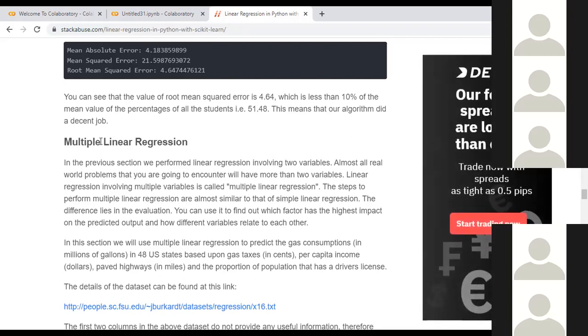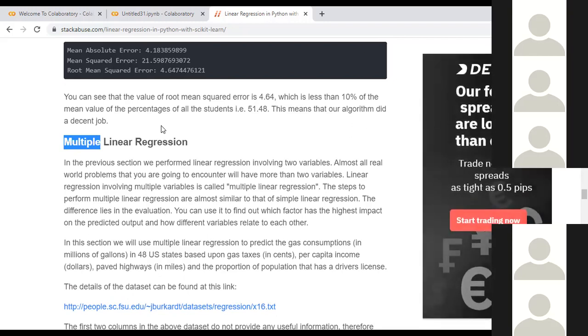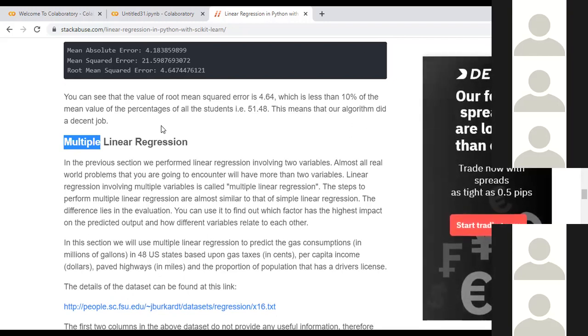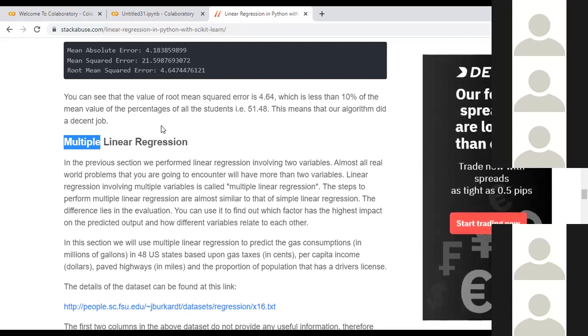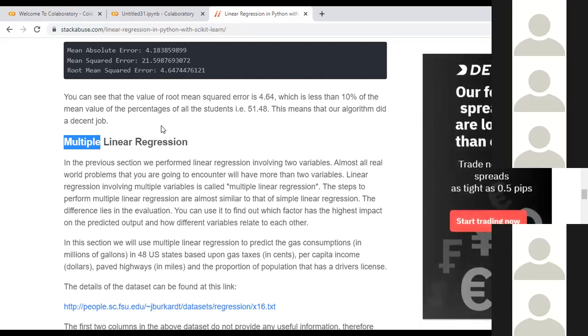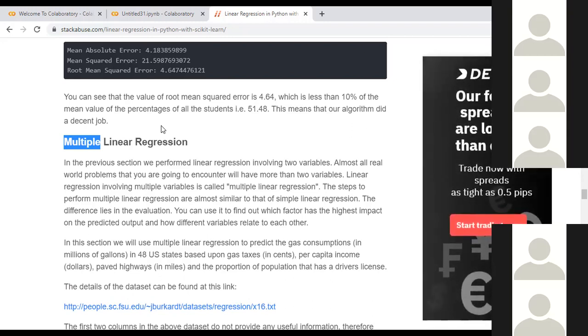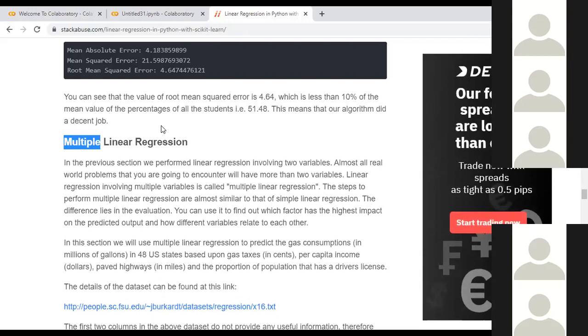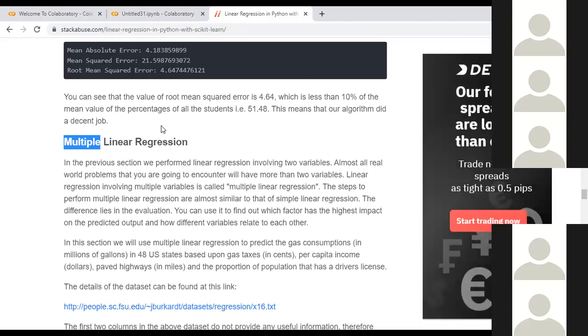The term multiple is defined for the number of predictor values being more than one. With more than one predictor value and one target value, I am creating a regression model which is linear, which is also a linear regression, but it has multiple predictor values, that is, multiple variables.